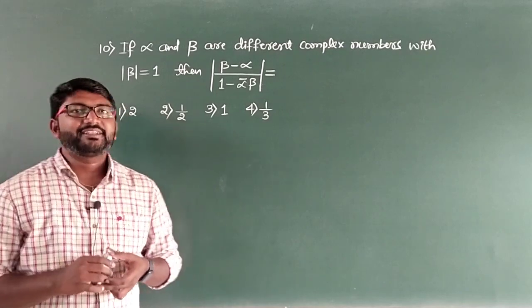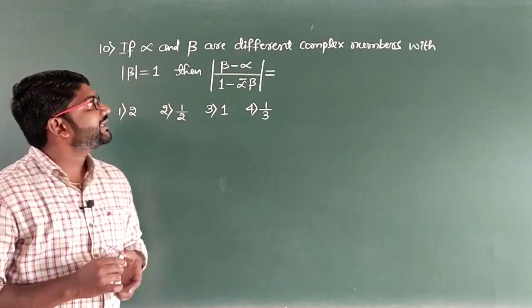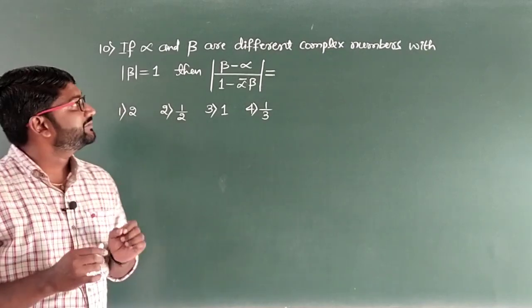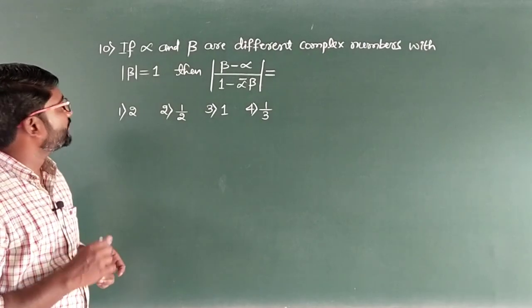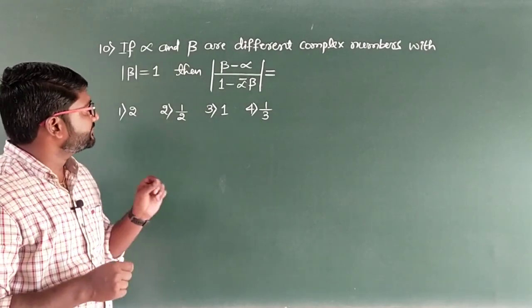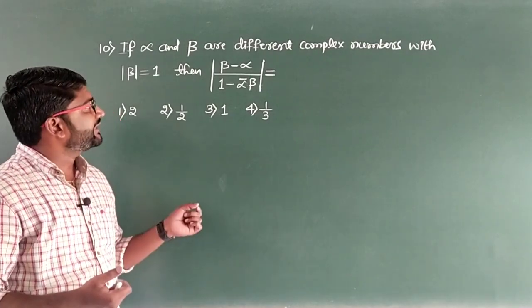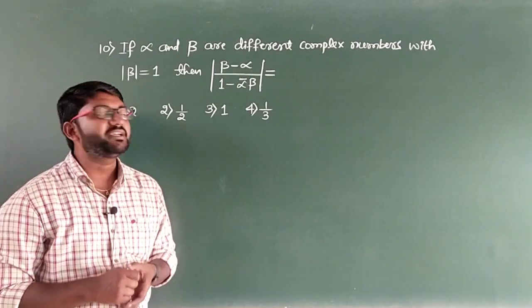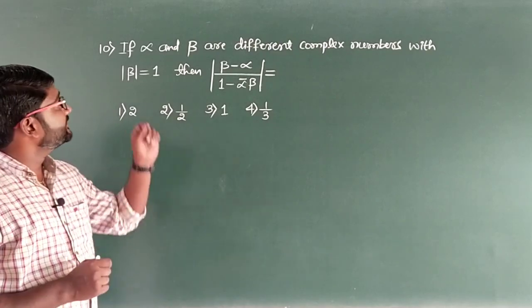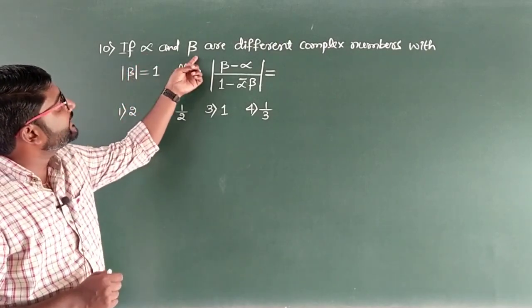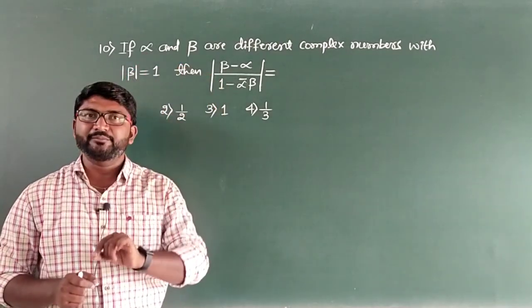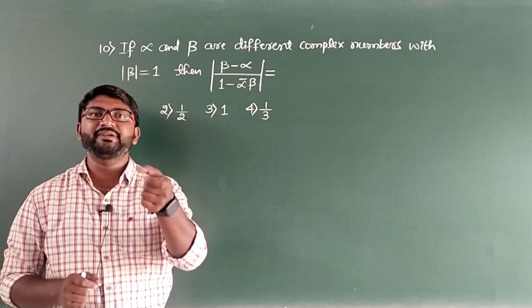Well, question number 10. If alpha and beta are different complex numbers with modulus of beta equal to 1, then modulus of (beta minus alpha) divided by (1 minus alpha bar into beta) is equal to. So here they have given that alpha and beta are different complex numbers and the modulus of beta must be 1.